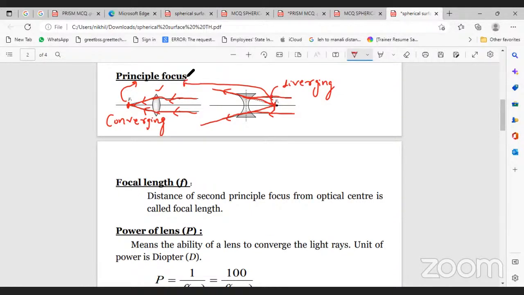Principal focus. So whenever parallel rays are incident on a convex lens or a concave lens, they either converge to or diverge from a point. That particular point we call the principal focus.